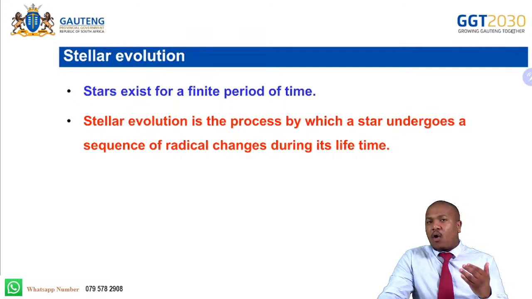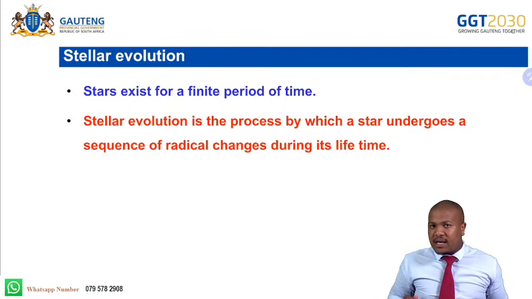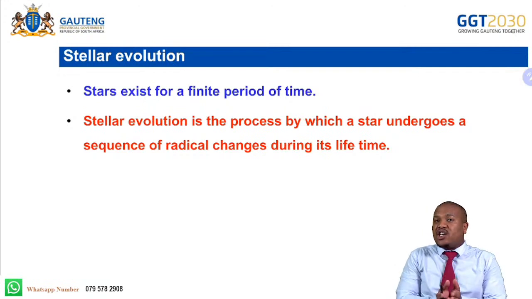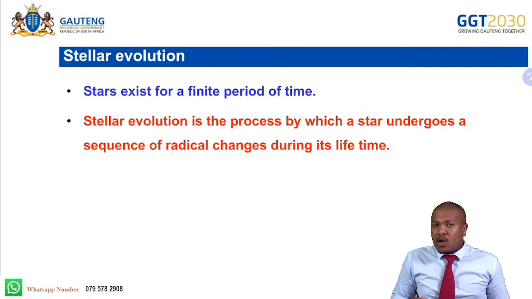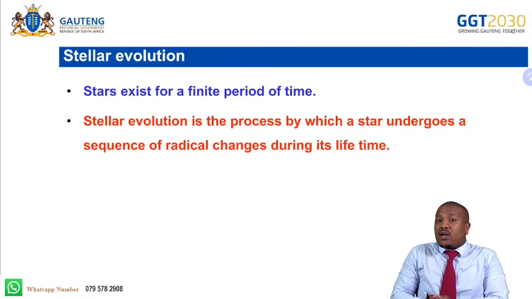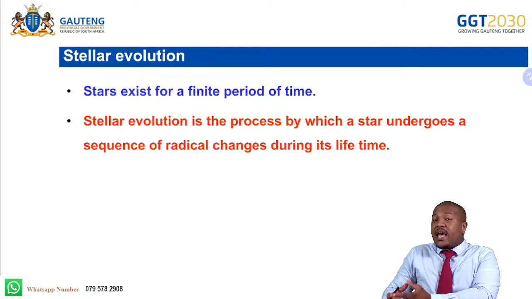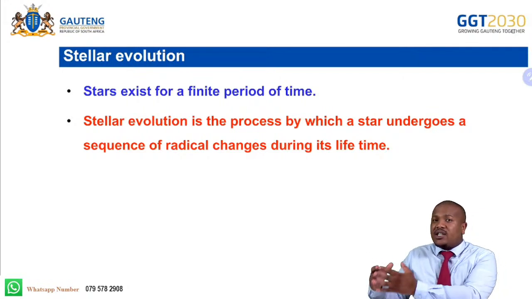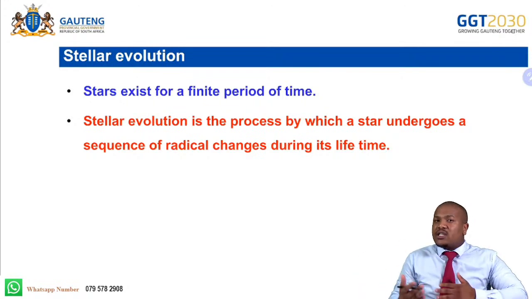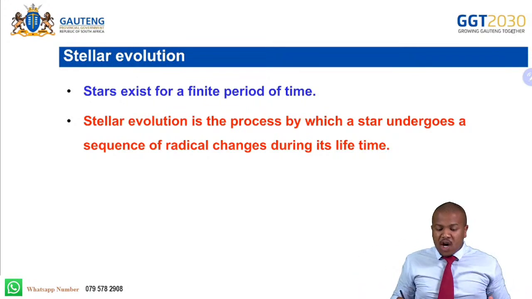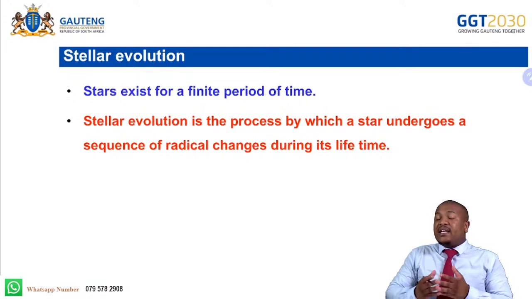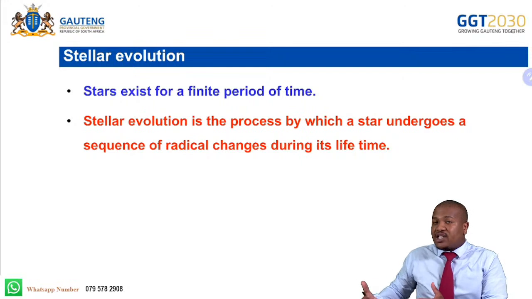It is the same as us human beings: you are born, you become a toddler, then a teenager, an adult, and so on, going through a lot of changes. A star is almost the same. It is born, it lives and undergoes various changes, and it dies.